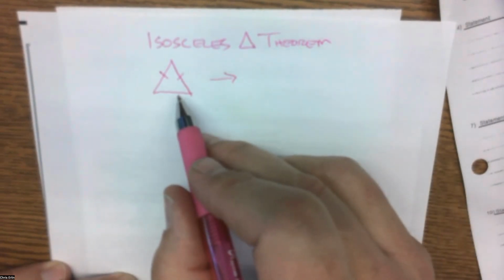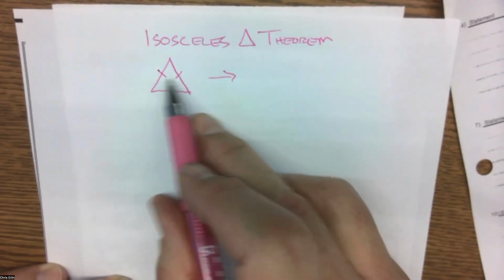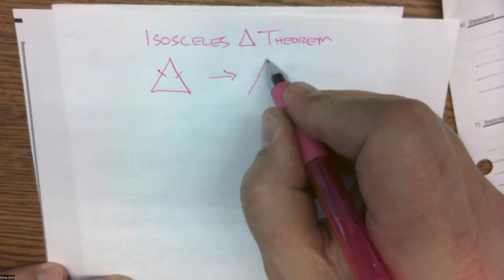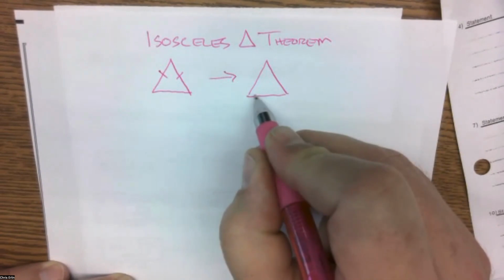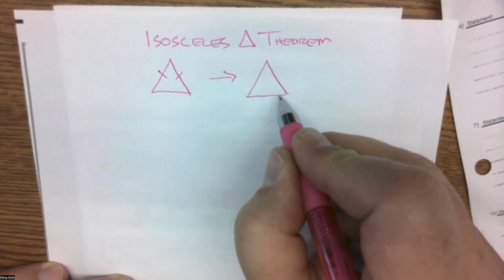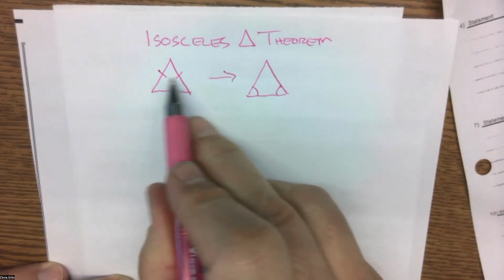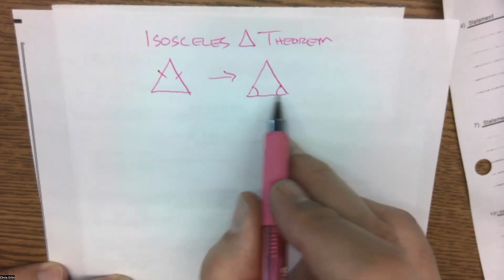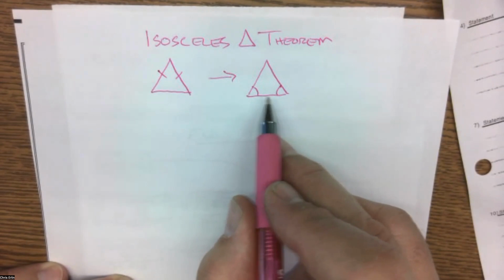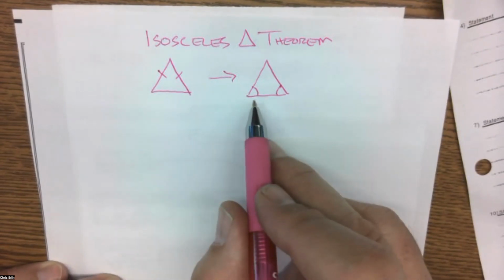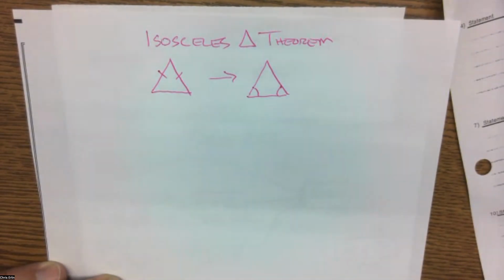You guys remember this? We did some problems where I would give you a picture and show that these two sides are congruent. And then I'd say that if this angle is 68, how big is this angle? Right? If one pair of sides are congruent, then the base angles are also congruent. Do you remember this? We're going to prove it.